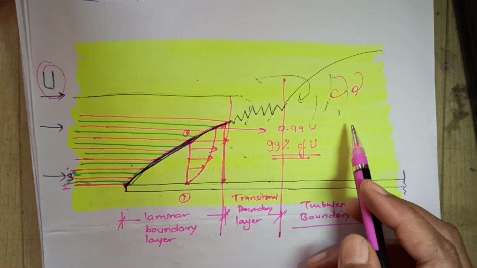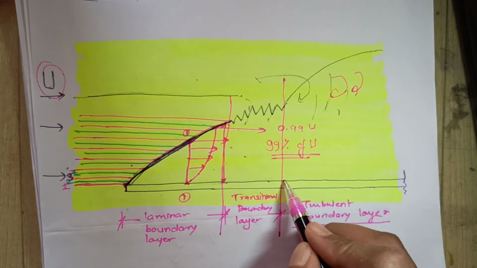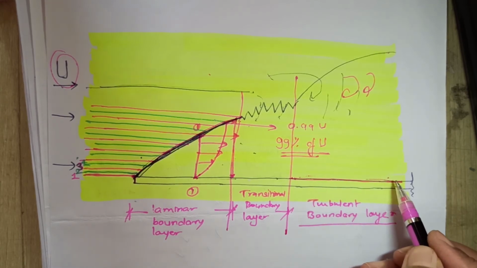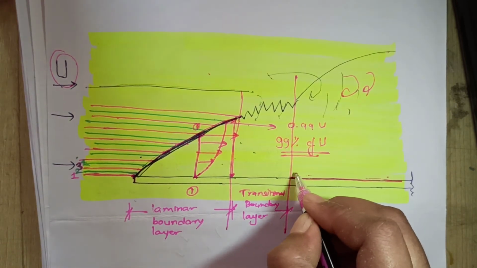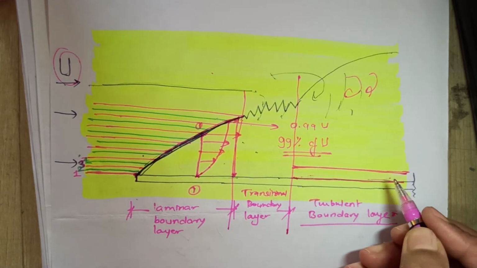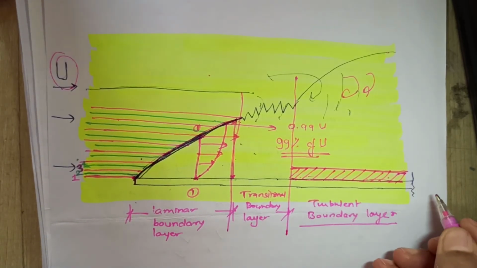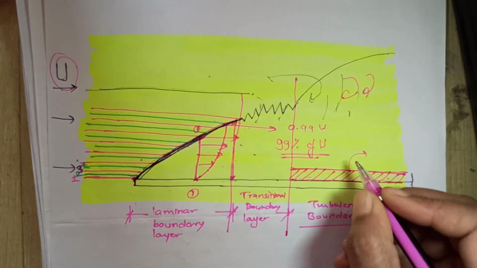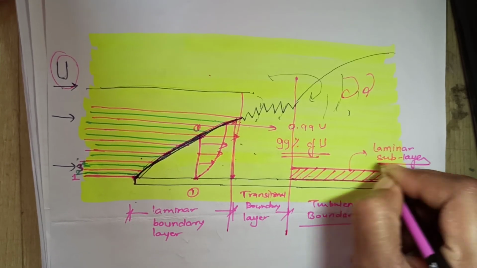Now further what happens, although this is a turbulent boundary layer, that doesn't mean there is no low velocity in this area. Again, near the surface of the horizontal plate, as it is not moving, it will impart friction to the flow and it will impart zero velocity to the flow, and therefore there will be a layer in this turbulent boundary layer region where the velocity will be very low, as it is in the laminar boundary layer area, and this is called as laminar sublayer.